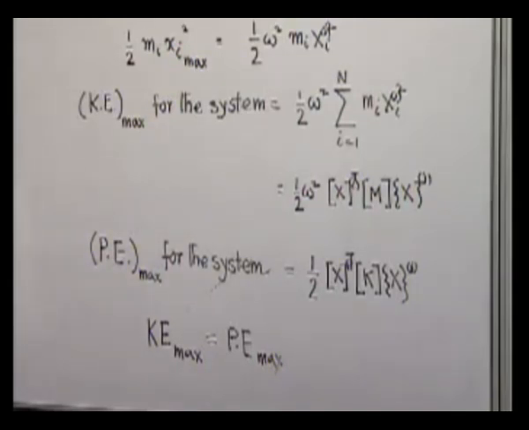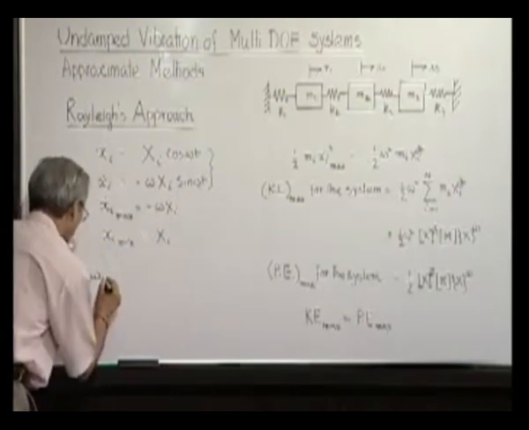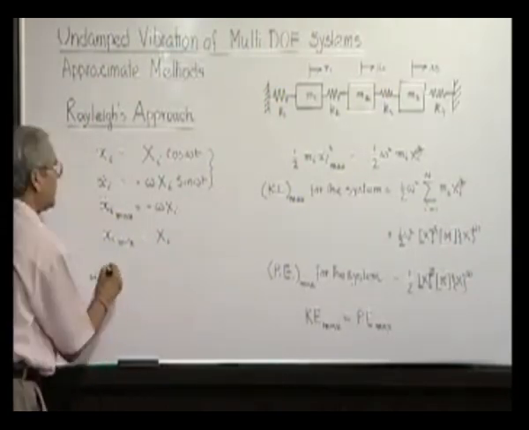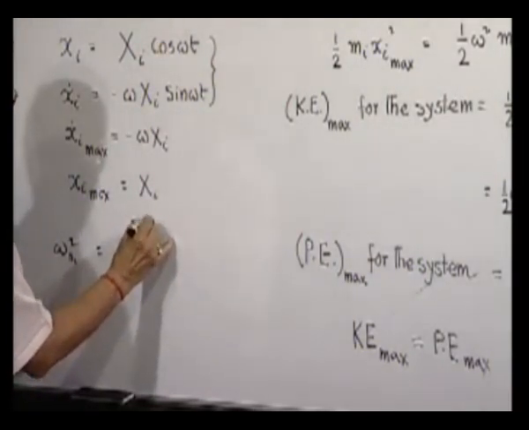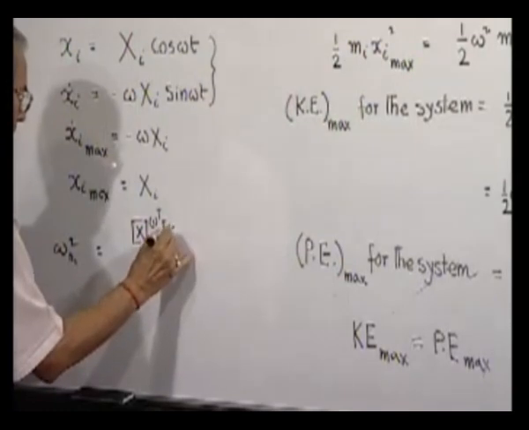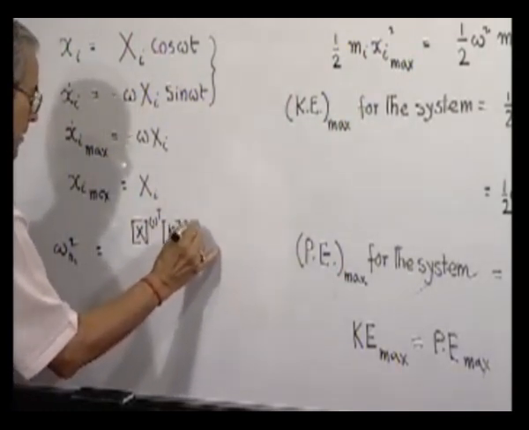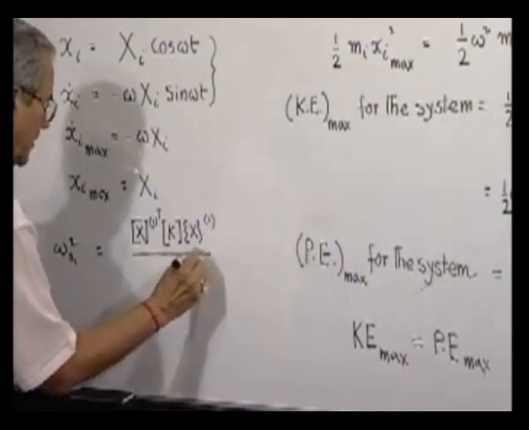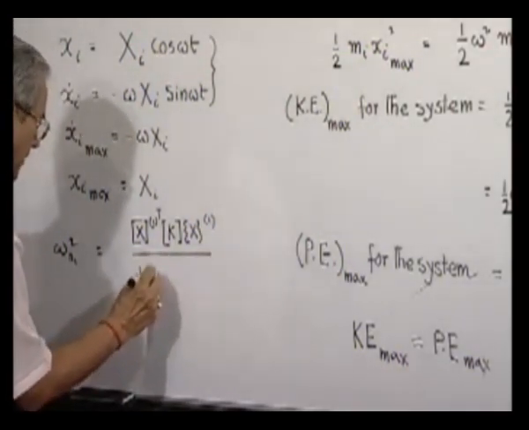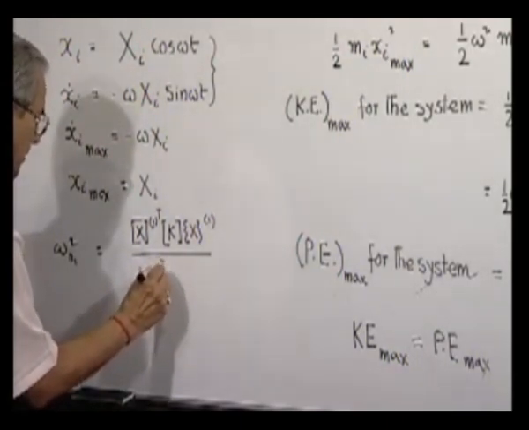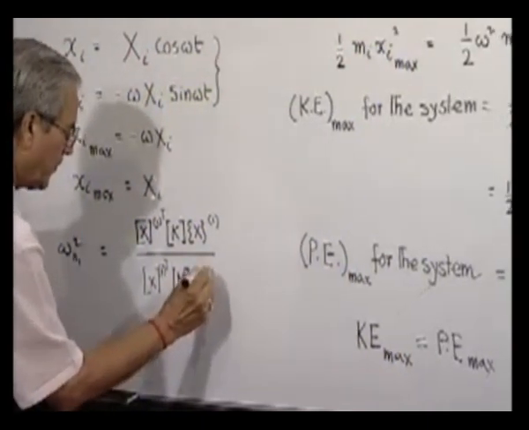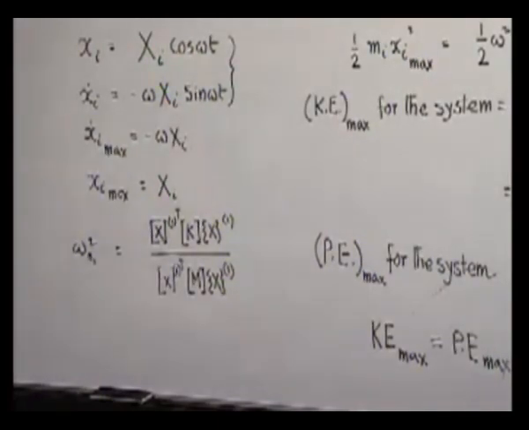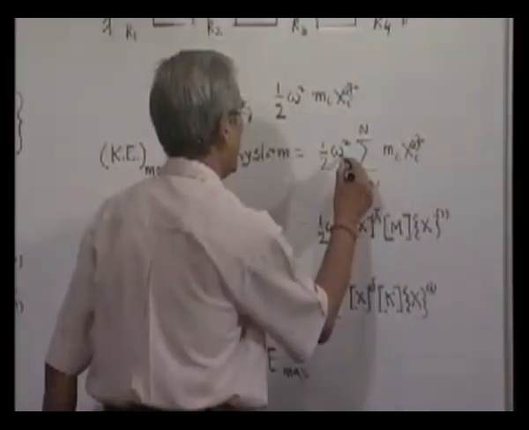So therefore, for the first mode, omega n1 square can be expressed as, because then it will be natural mode A.